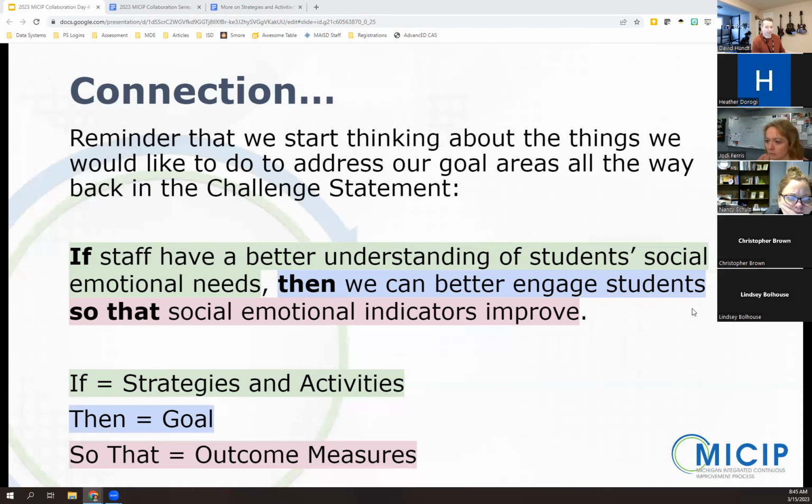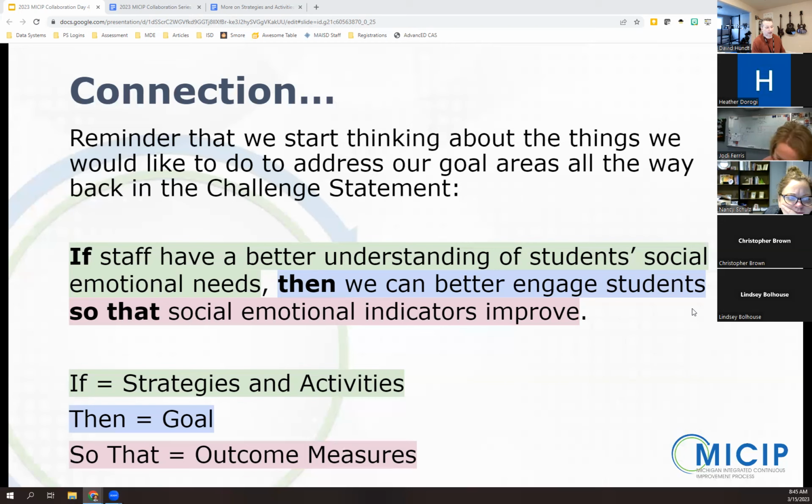That's probably what we would write our strategies and activities around. We would want to make strategies and activities around having our teachers have a better understanding of social emotional needs and why those things are important. So we would definitely write our strategies around that. The then portion is usually your goal. In this case, we would be writing a student engagement goal.